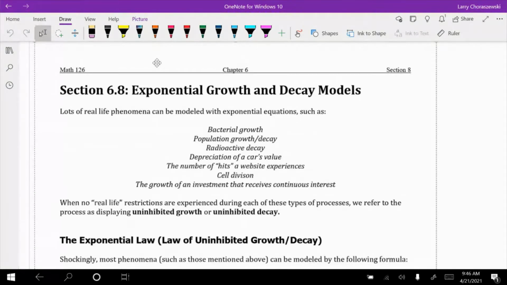Did you know that cells multiply by dividing? That's crazy, isn't it? Another example is what we saw just a few minutes ago, continuous interest. So if we don't allow any real life interventions or restrictions, these follow what's called uninhibited growth or uninhibited decay.